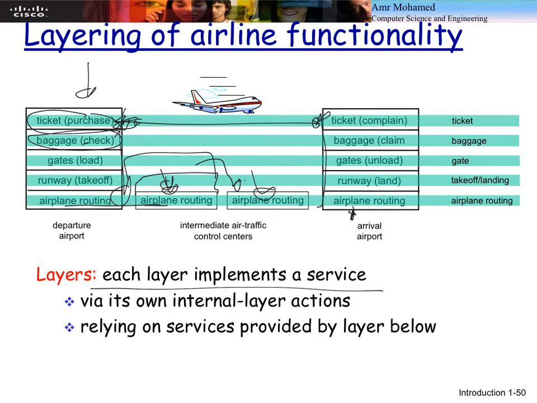So the ticketing on both sides sort of communicate implicitly between each other without really knowing what's underneath. They don't have to know the details about what happens at the gate or what happens at the runway.